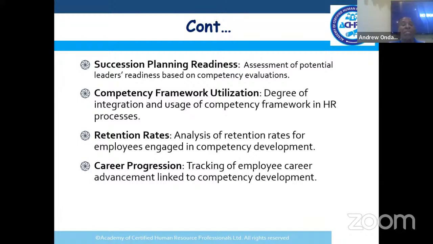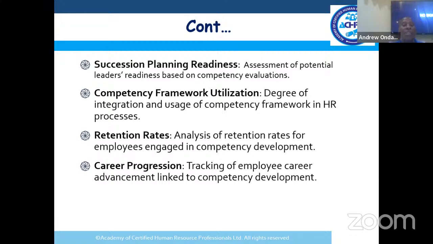So the retention rate is the number of people who are left over the average number of people who are in the organization. If you multiply that by 100, you get your retention rate. This is a concept that we will discuss, and I will invite you to join us in human capital analysis, where we shall be analyzing the retention rates.